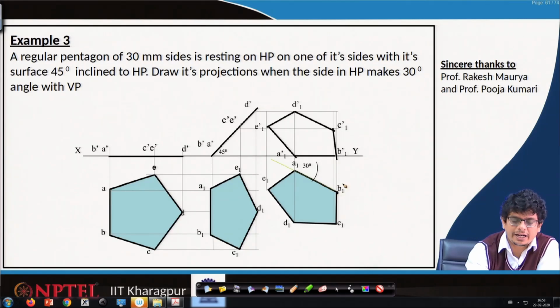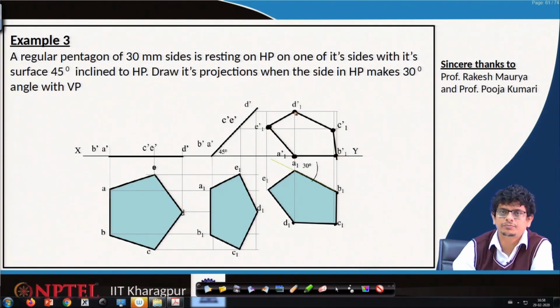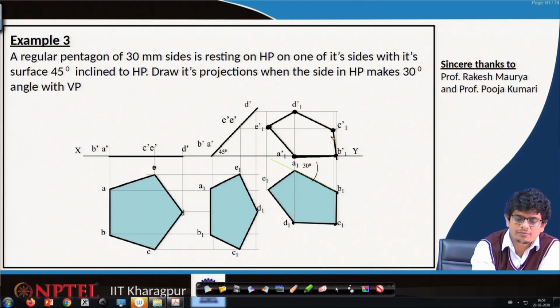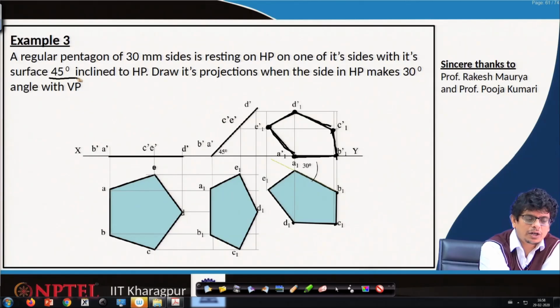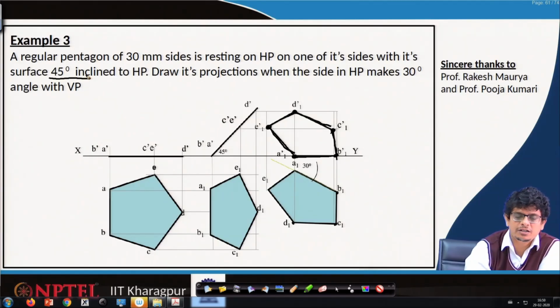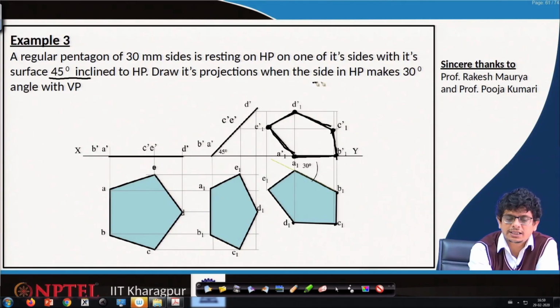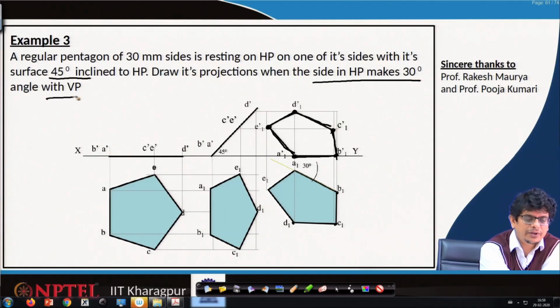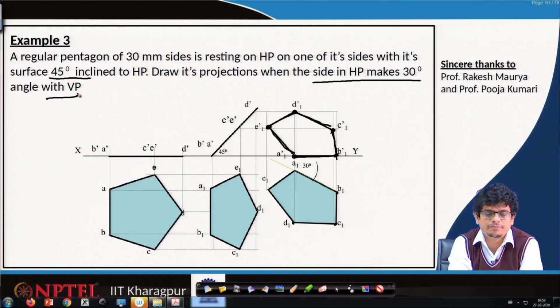Similarly, where B1 intersects with B prime, called B1 prime. Similarly, C1, D1, by projecting locus points, we can get these points. Join them, we will get this pentagon, which meets the criteria of 45 degrees inclined to HP and the side making 30 degrees with the vertical plane.